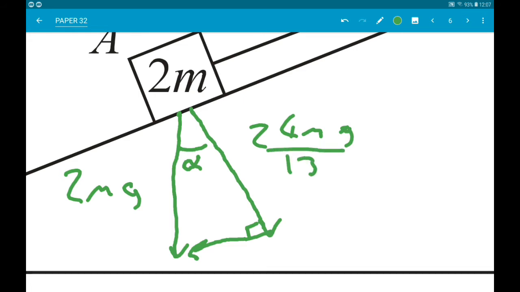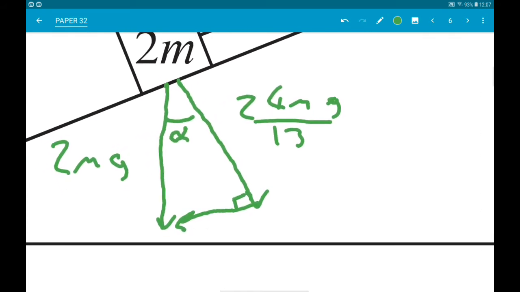And then the parallel force is sine alpha times the hypotenuse. Now, sine alpha was 5 thirteenths, so here we have 2mg times 5 thirteenths, so that's 10 mg over 13.